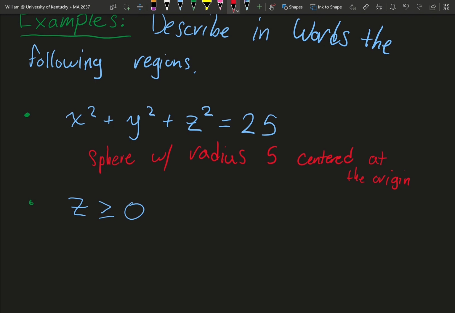And we can just sort of see that, okay, this is the top half of R3. So it's going to contain the point sort of on the XY plane, everything above that, but nothing below it.